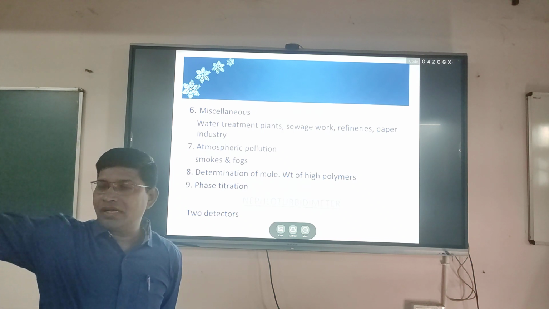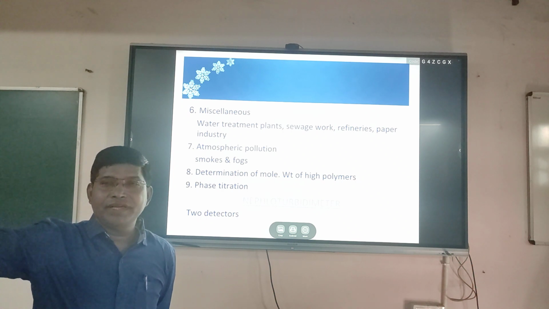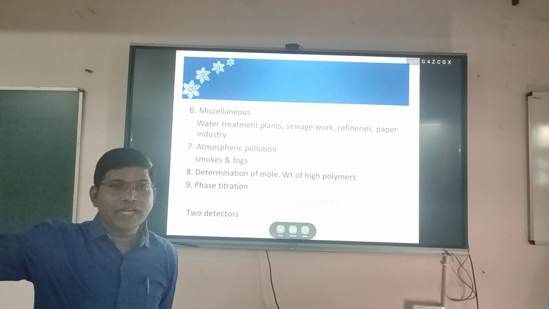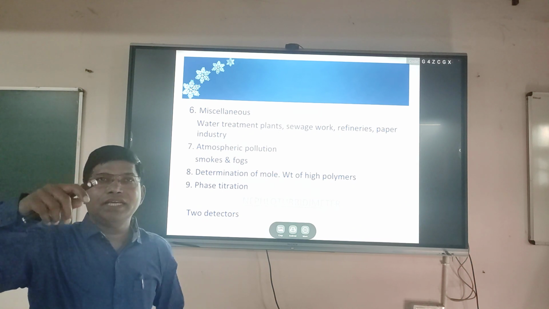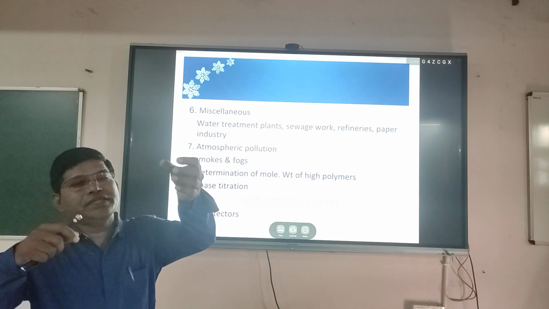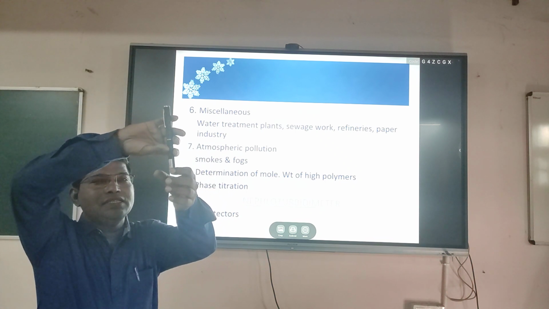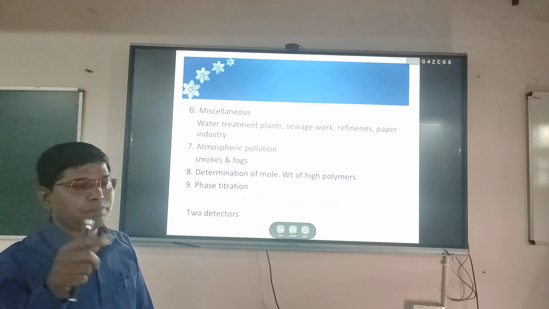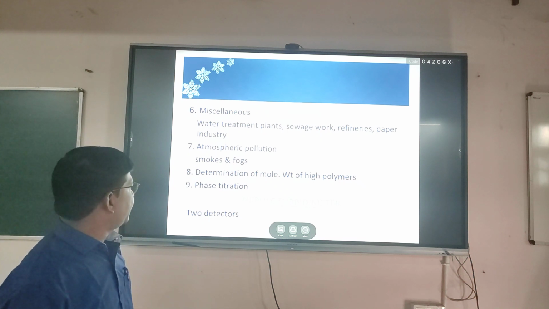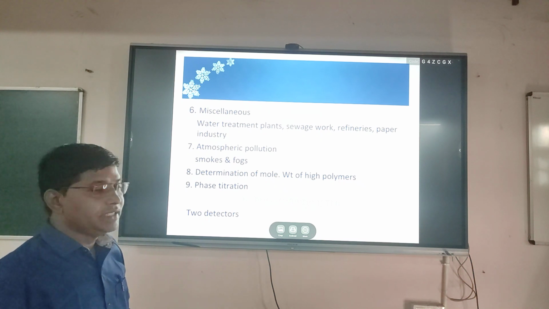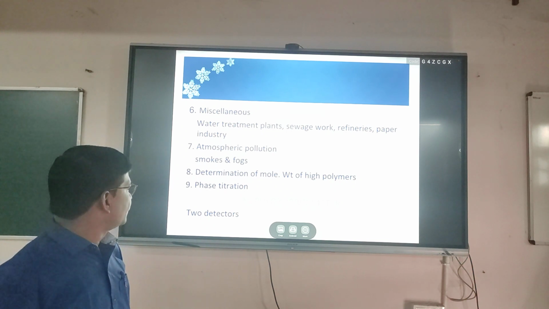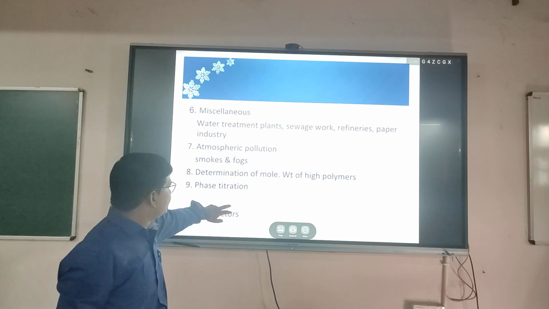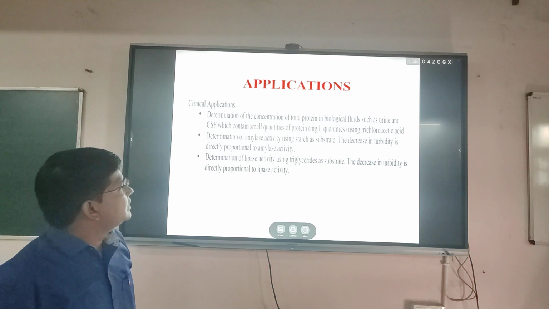There is a measurement of suspended particles, particulate matter. PM means particulate matter. Suspended particles fall onto the cell, the incident light passes to the suspended particles, and we see digitally the values, the concentration of suspended particles in our cities. So these are different applications of this instrument.